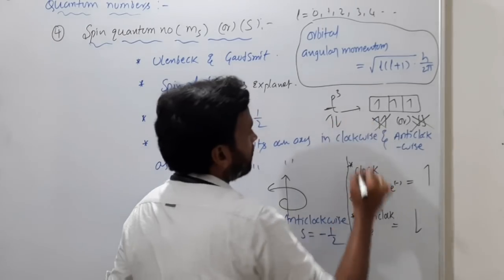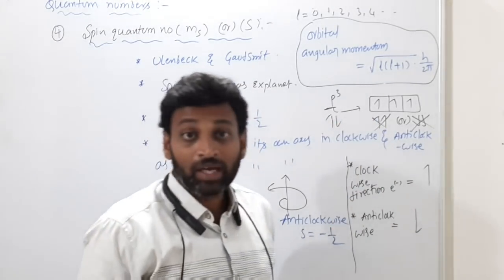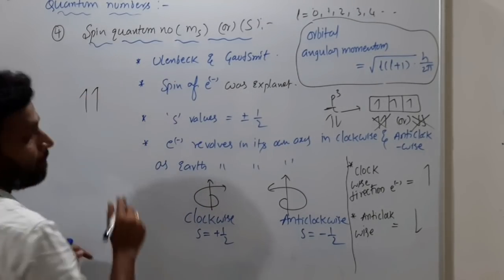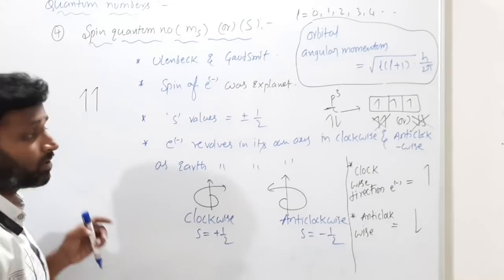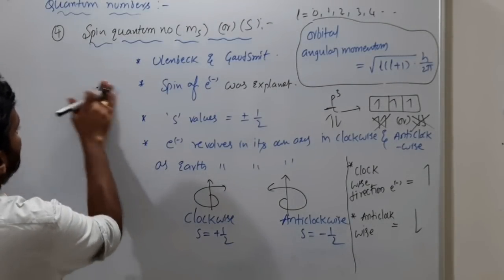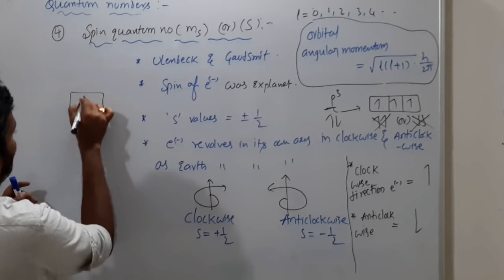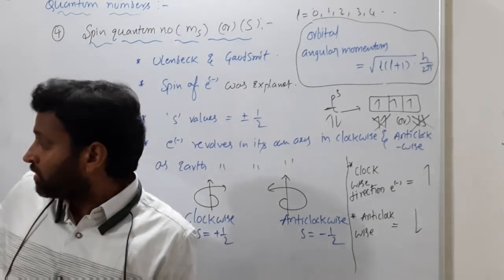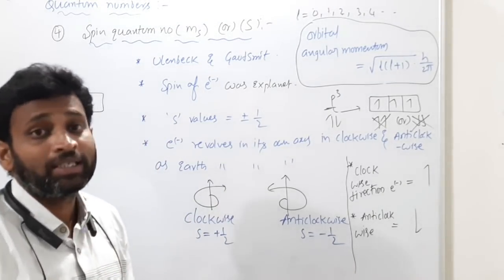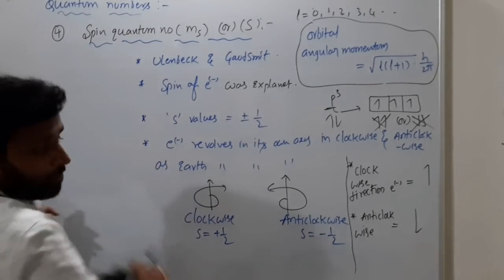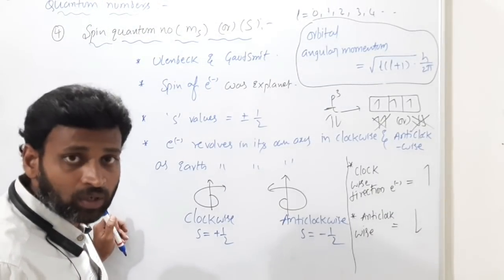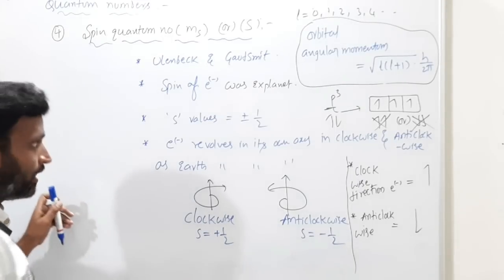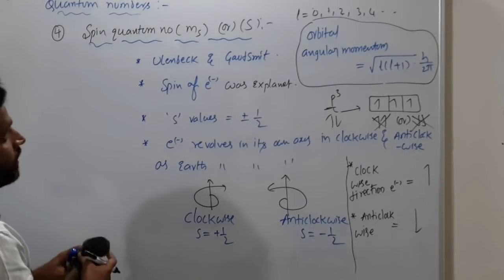Pairing means one up and one down, so no two electrons will be in the same direction in a particular orbital. This is very, very important. We will discuss all this in the Aufbau principle, Hund's rule and Pauli's exclusion principle. So this is about the spin quantum number.